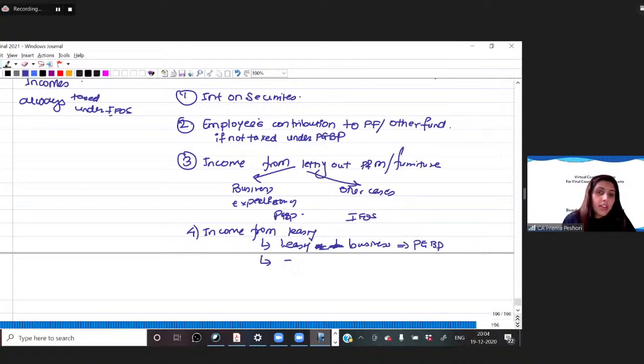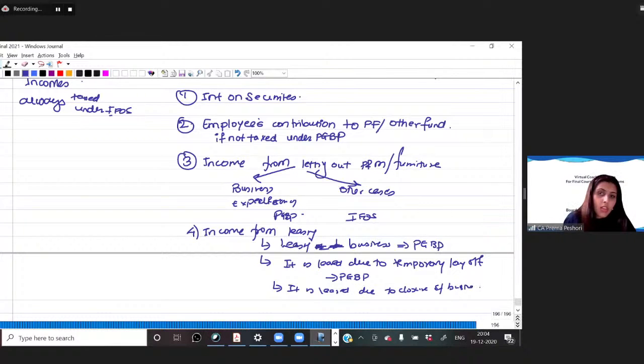If it is leased due to temporary layoff, again PGBP. However, if it is leased due to closure of business, then EFOS.